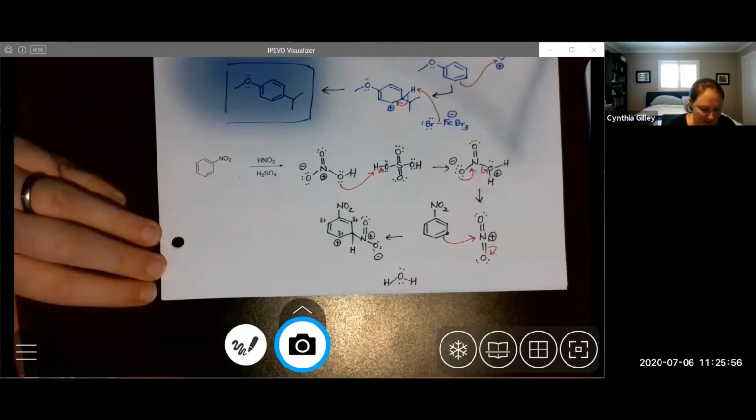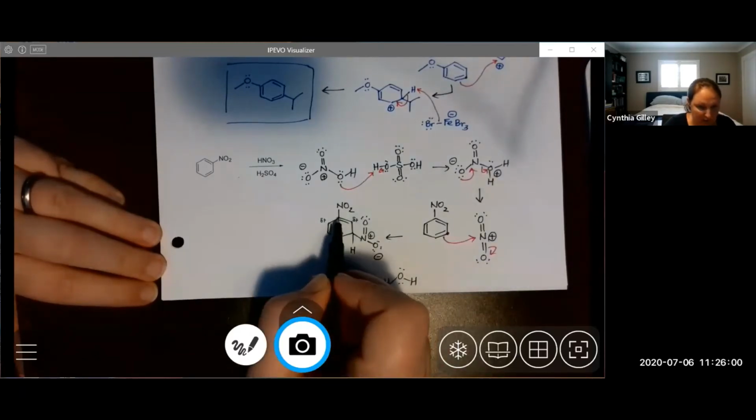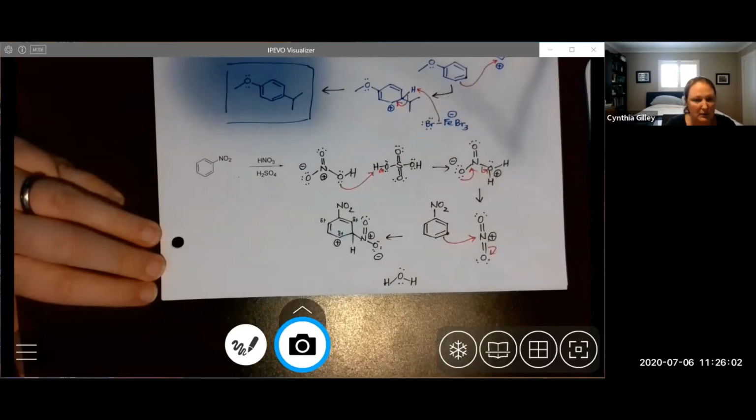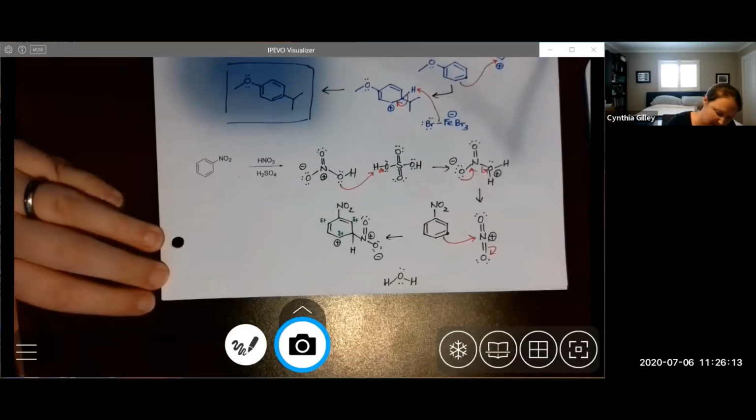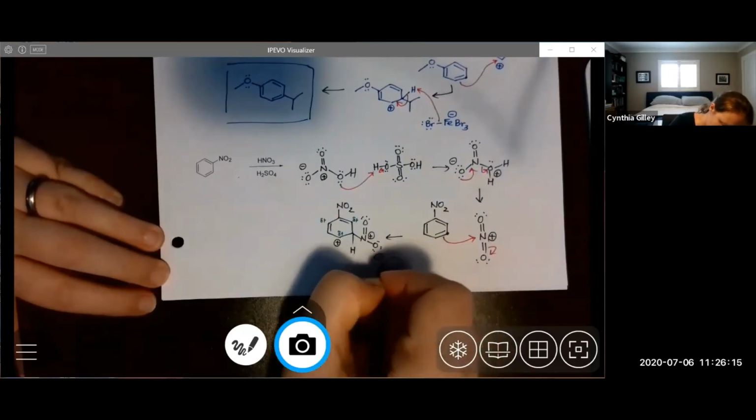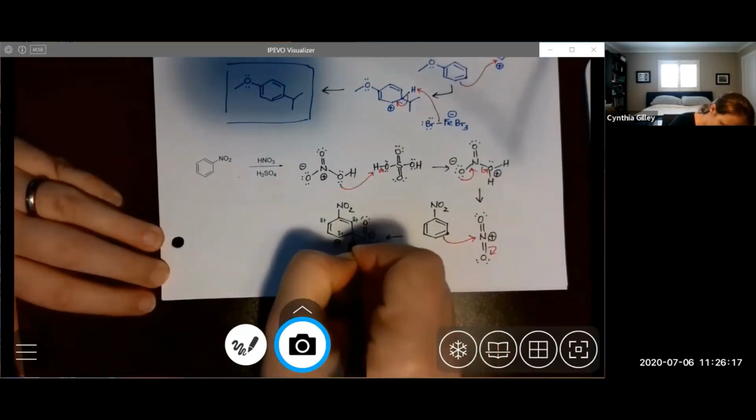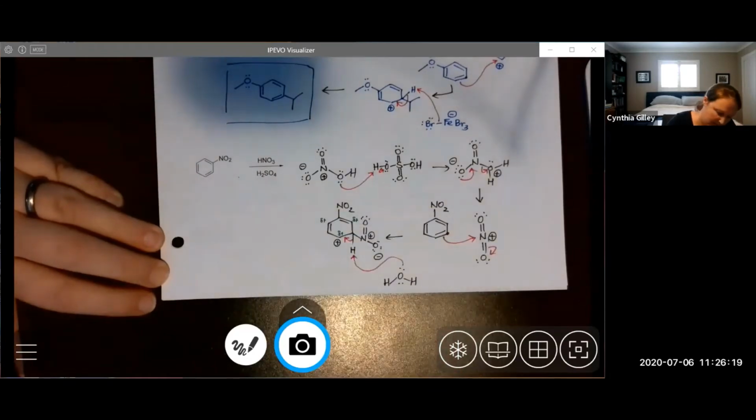So as a result, it's not as unstable as it would be if the positive charge was right next to this powerful electron finder to stabilize. So this is sort of the best of the worst here of what can form. And the last step is just to deprotonate, regenerate the aromatic ring.